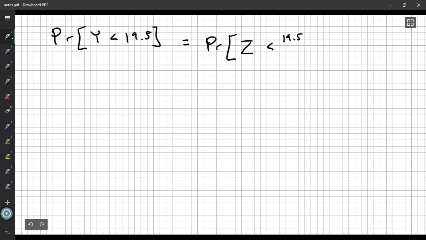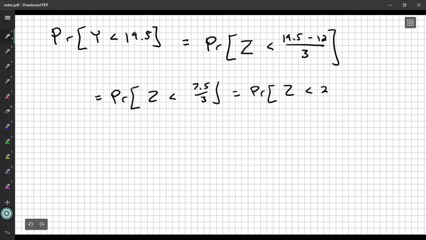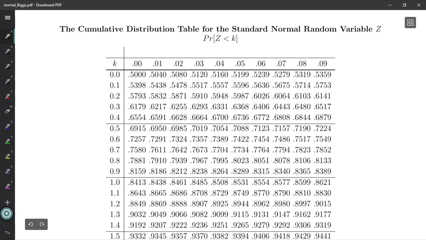You take the value you're comparing Y to, you subtract off the mean, which we already worked out is 12, you divide by the standard deviation, which we worked out was 3. So the probability we want is the same as the probability that the standard normal Z is less than 2.5.